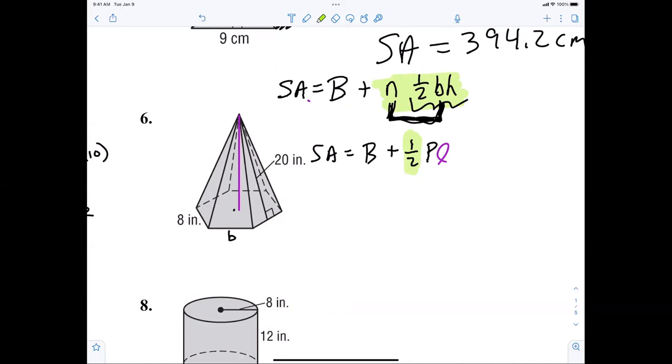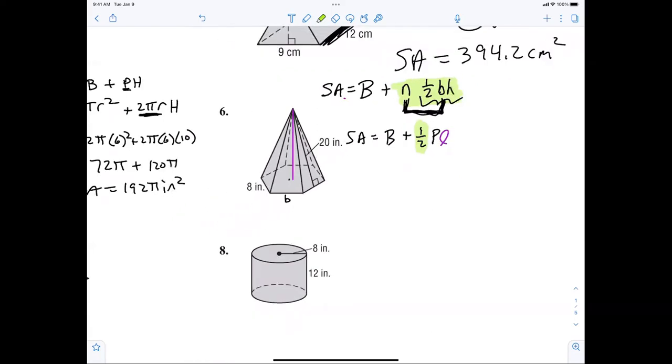I don't have to memorize any of them. You should know at this moment area of a circle, area of a triangle, area of a trapezoid, all the different base areas you should know. And if you know those, then the surface area is simple, simple.